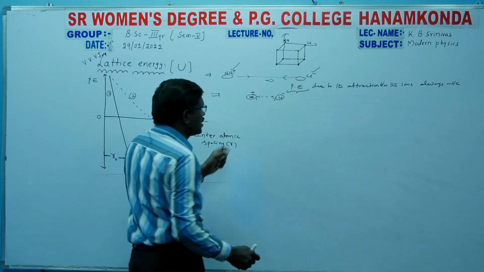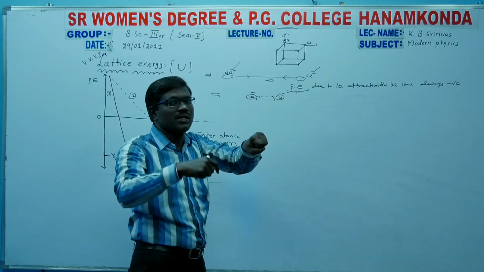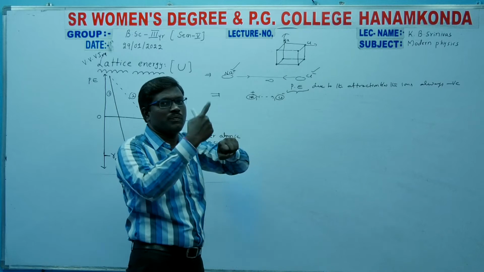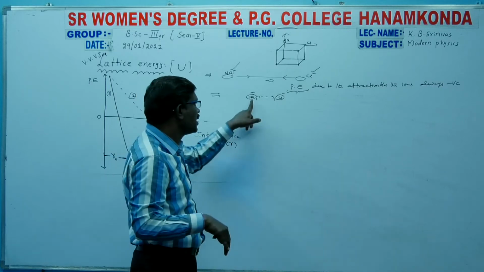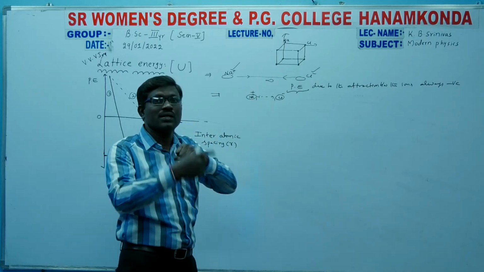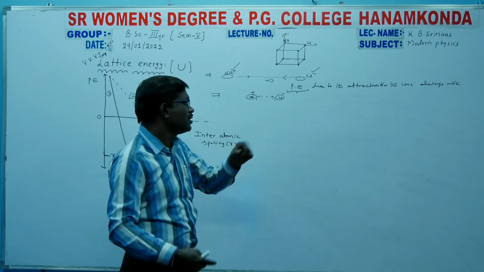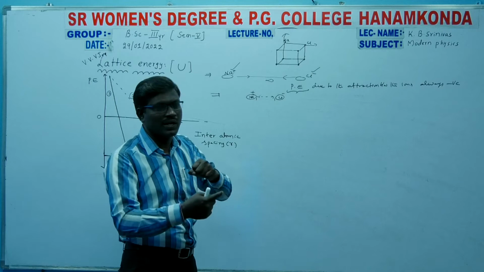Why? Because when these two ions come very close to each other, the electron clouds of both ions repel each other. Even though this is a positive ion, it has a negative electron cloud. This negative ion is already itself negatively charged.